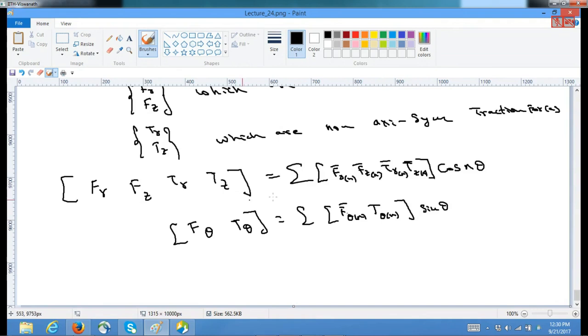Now, if you have these components, you find the solution for one set of combinations. You try to solve your K, U. This is for a given n.